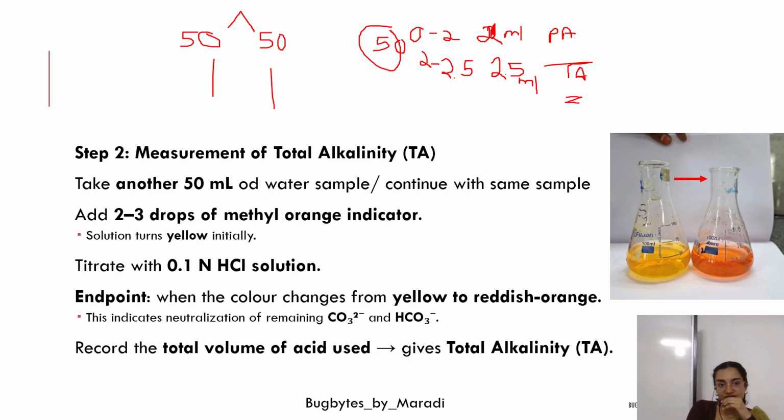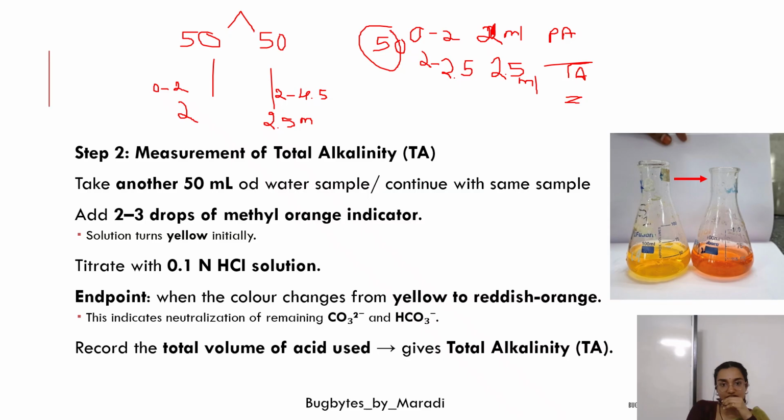If you are using 50 and 50 separately, here it will be 2 ml, that is 0 to 2, what you're getting as the readings. Here it will be from 2 to 3, 3 to 4, 4.5. So when you calculate how much volume is actually required, you will get 2.5 ml.